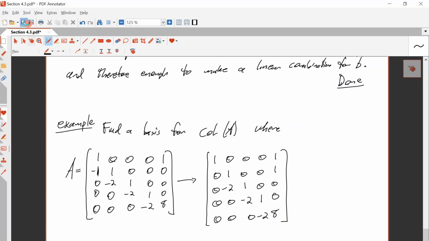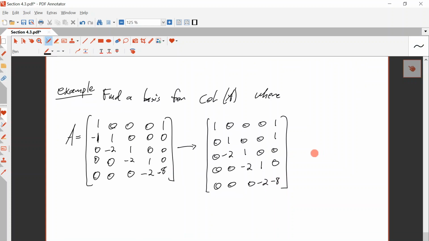Oh, that should be a negative 8. Next, I'm going to add twice row 2 to row 3.